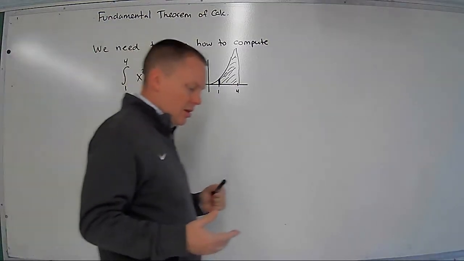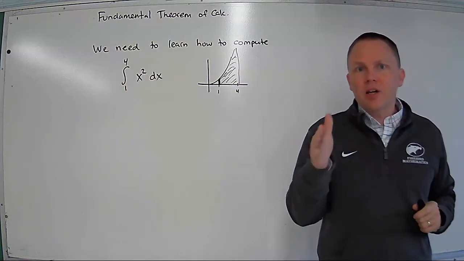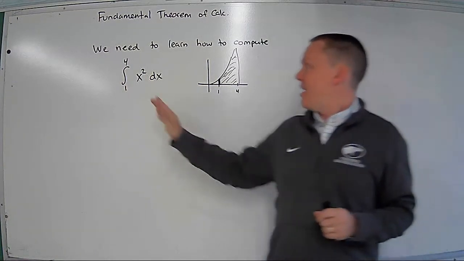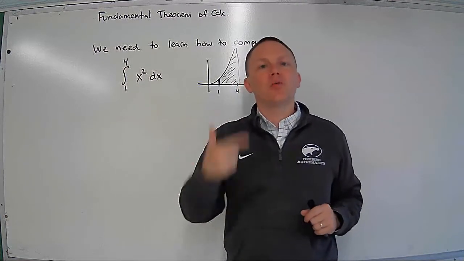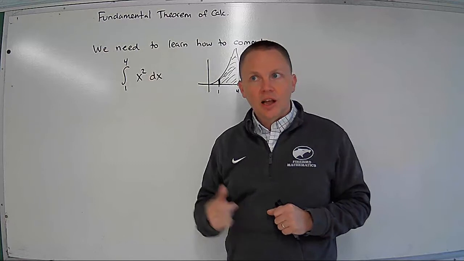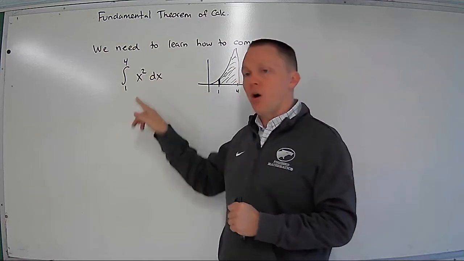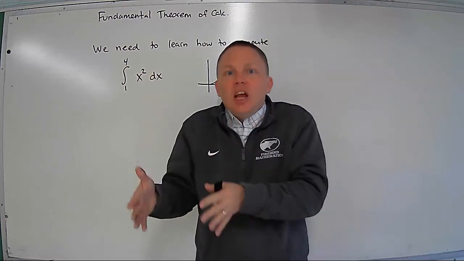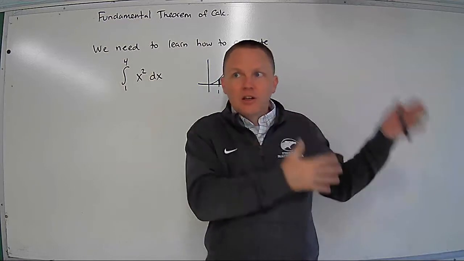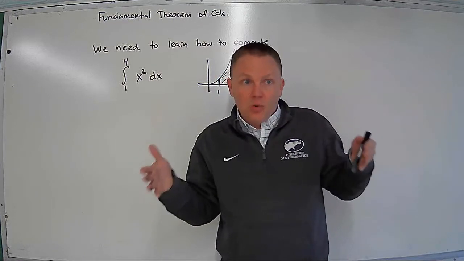Well, we would know how to compute this if this function x squared represented a rate of change. If x squared represented some rate of change, then we would know that the answer to this would be the change in whatever function f of x's rate of change was.